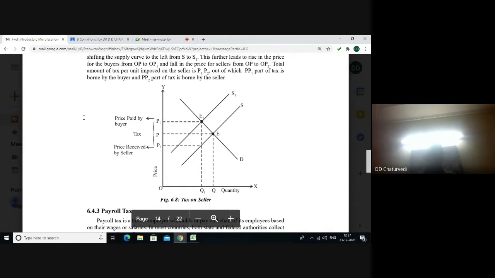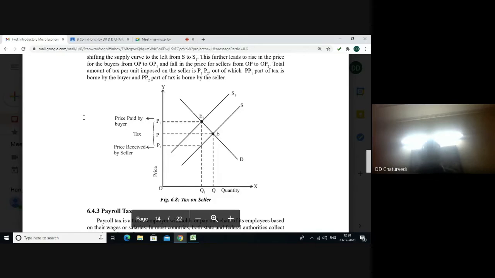That is the amount by which buyer is paying higher price. And the burden borne by the seller will be PP2. That is the amount by which lesser price is being received by the seller. This tax per unit P1, P2 is equal to the difference between the two supply curves.